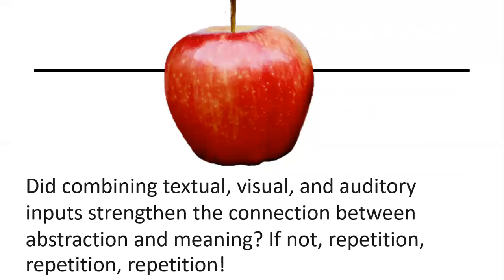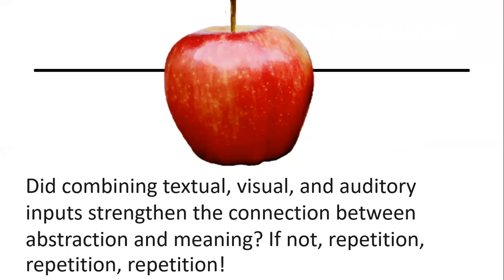But this is a question that perhaps you would like to answer. Did combining textual, the words, visual, and auditory inputs, just like what I am doing right now, it's a combination of text because you can read the question, visual because you can see the example, the apple, and you can hear me, auditory.